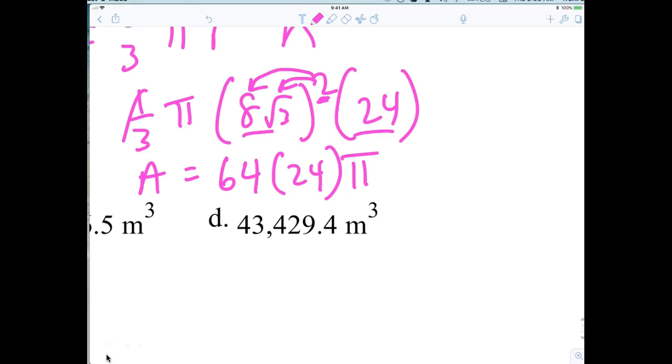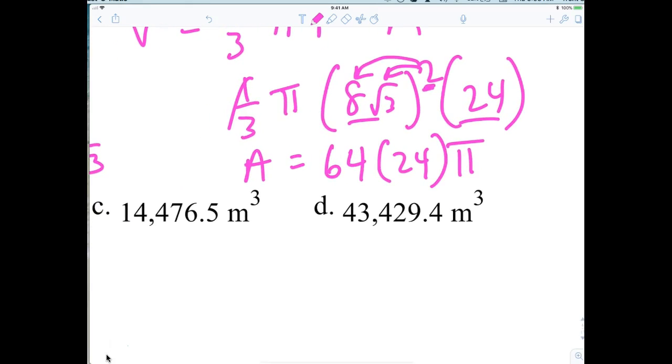Radical 3 times radical 3 is 3. So 8 squared is 64, times 24, times 3. Wait, why does the 1/3 cancel out? Because the 3 from the radical squared cancels the 1/3.